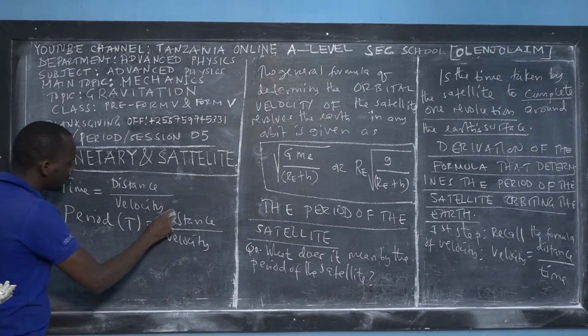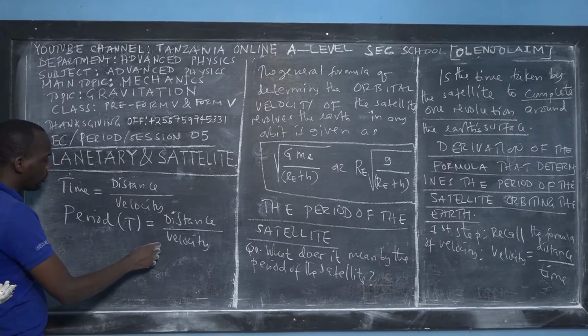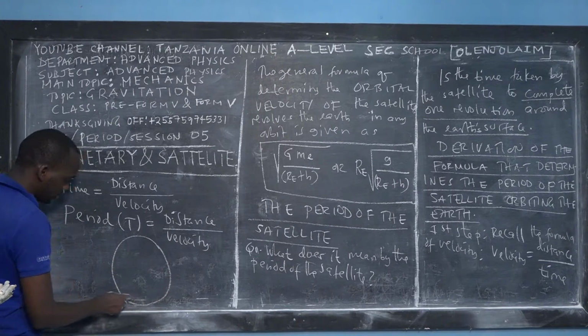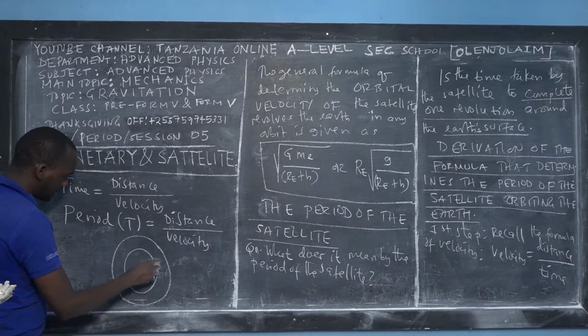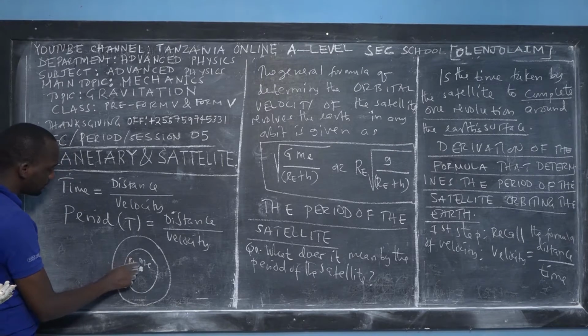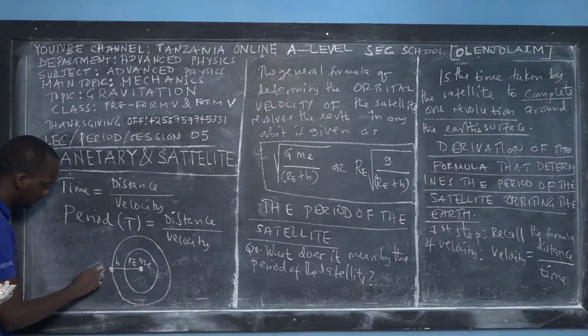So in case of the satellite orbiting the Earth in a particular orbit, suppose that this is the orbit of the satellite, this is the Earth's surface as I drew it. This is the center of the Earth. Here we have mass of the Earth. Here we have radius of the Earth. Here we have the height where we place the satellite. And then here we have mass of the satellite.